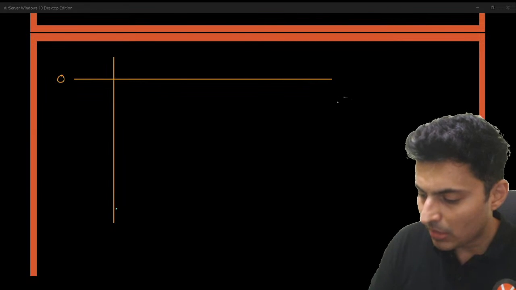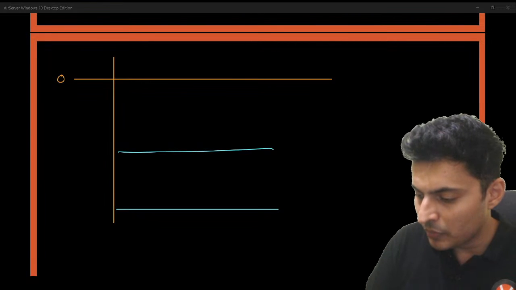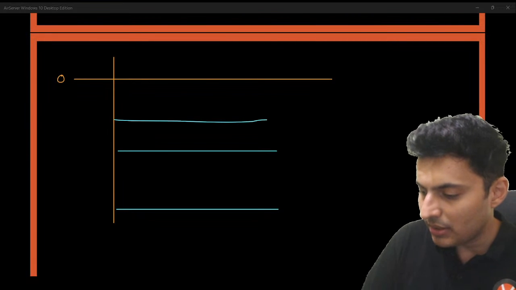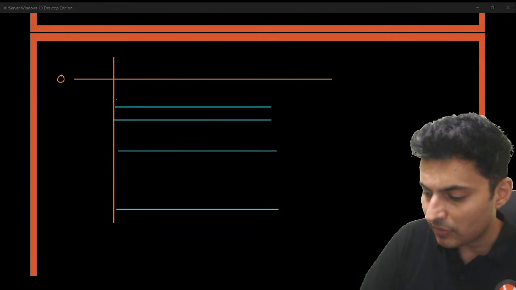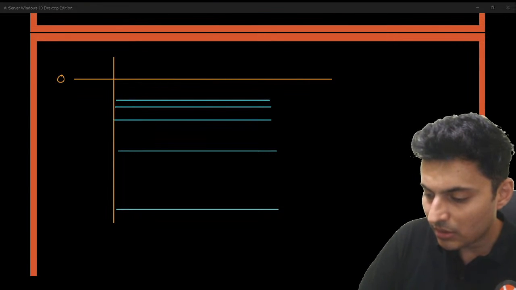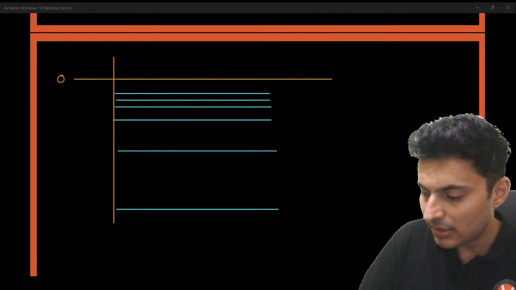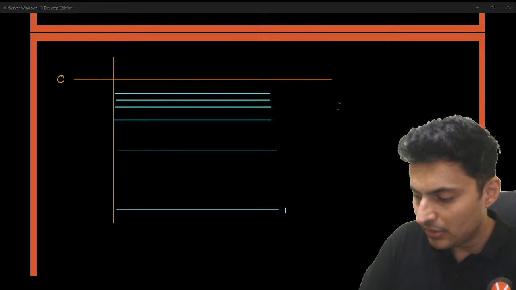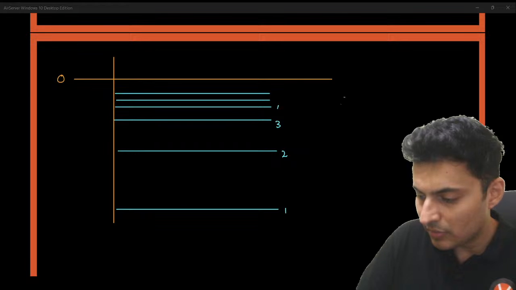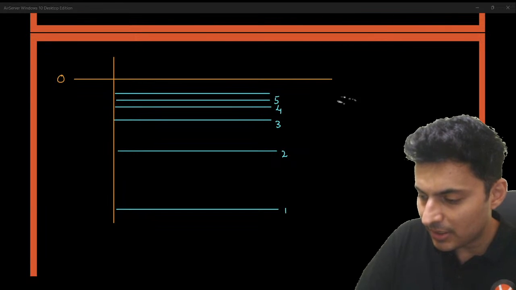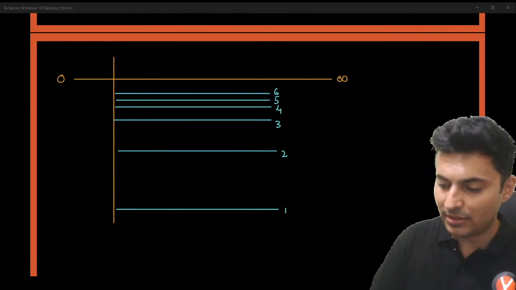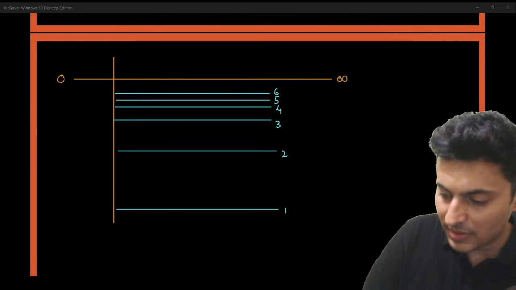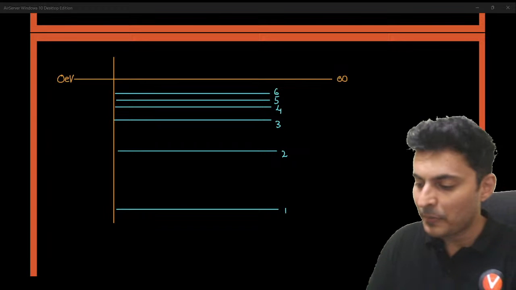Then you had n is equal to 1, n is equal to 2, n is equal to 3, n is equal to 4, and so on and so forth, 5, 6, like that. Like that, you go to the infinity line. So this is the 0 electron volt line.